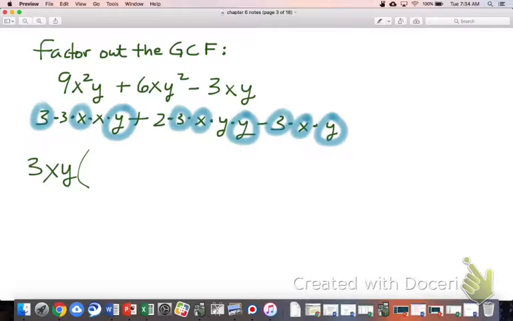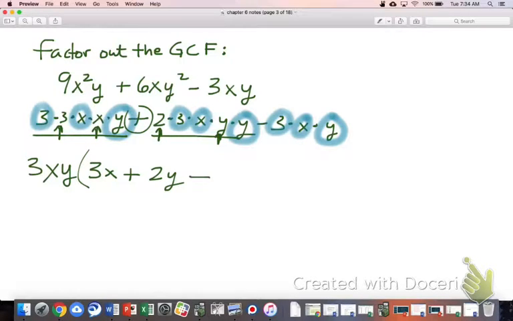In the first term, the only 2 factors that have not been factored out are this 3 and this x. So for the first term, the leftovers would be 3 times x, or just 3x. For the second term, there are 2 factors that have not been factored out, the 2 and the y. And so I'm going to put plus, just continuing this plus sign on down. The remaining factors are 2y.